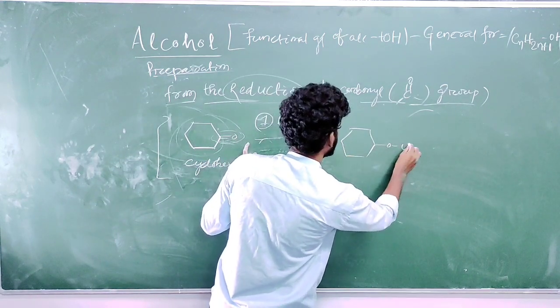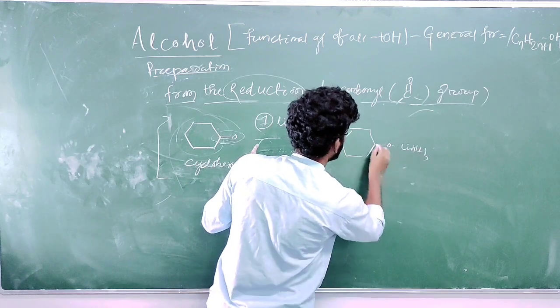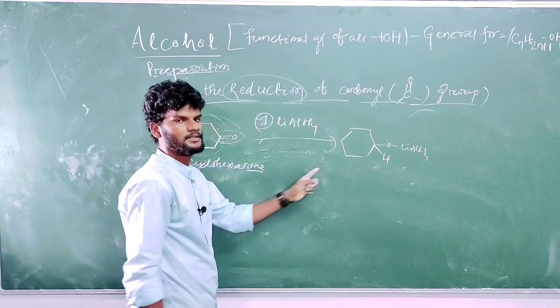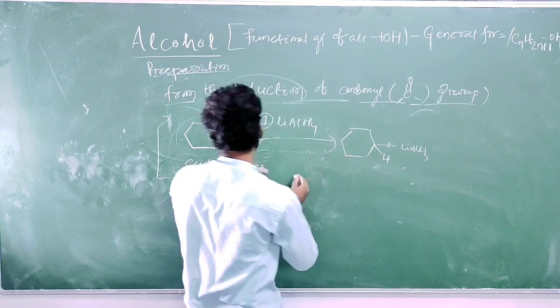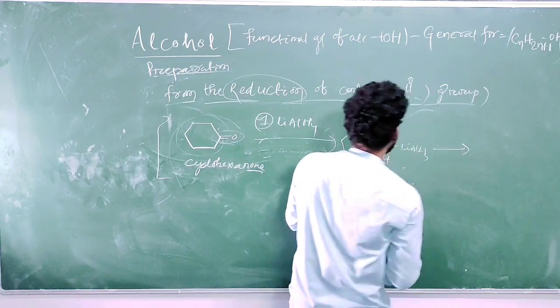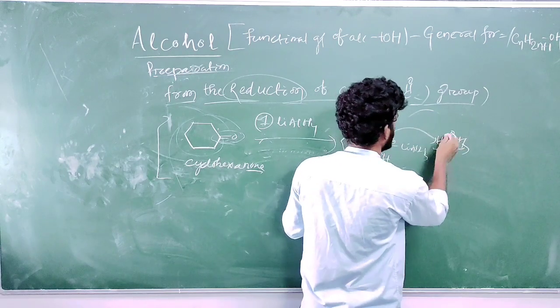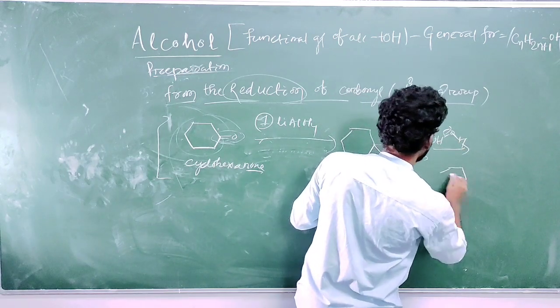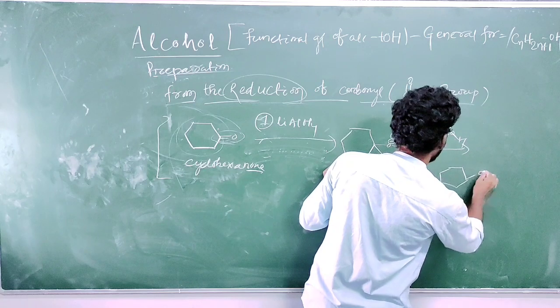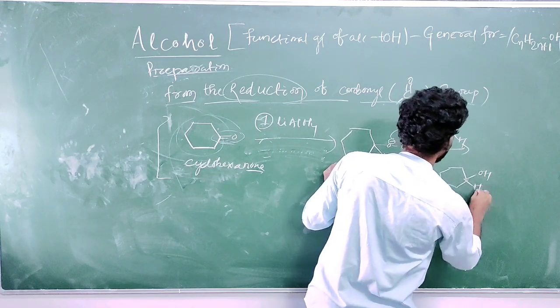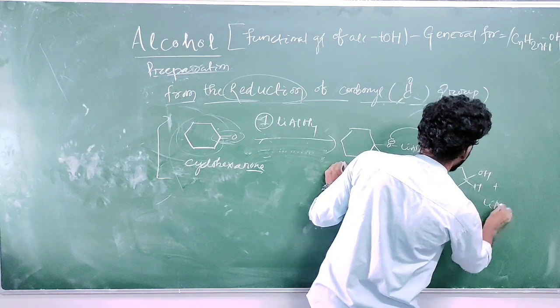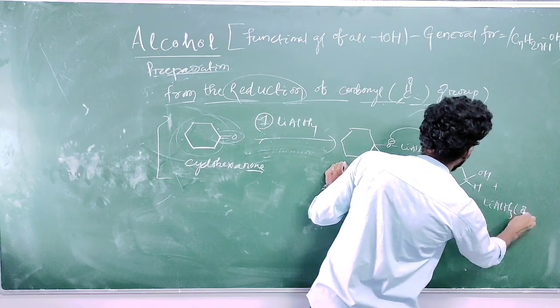O minus lithium aluminum H3 and H. This is the first step, and the mechanism I have told just before. In the second step, water, O minus takes the hydrogen from here. Here it will form OH, H, and the remaining part is lithium aluminum H3OH.